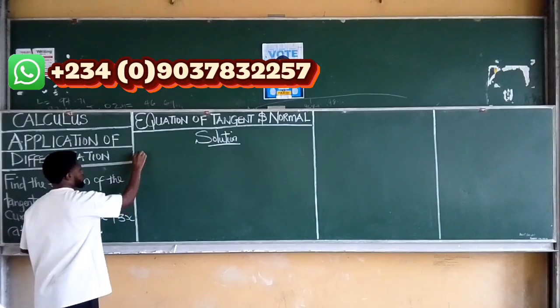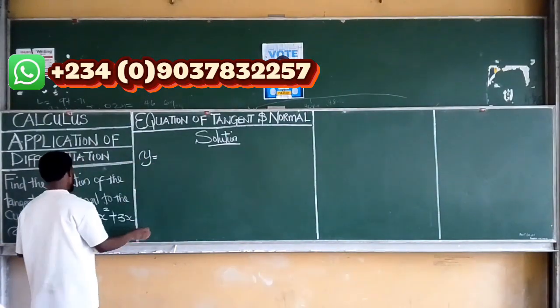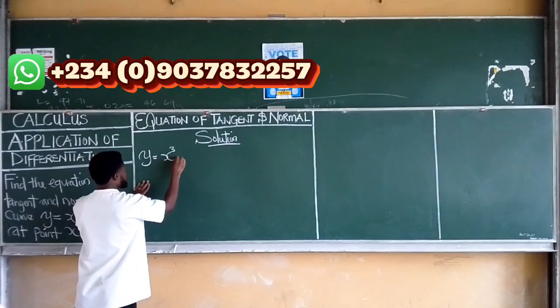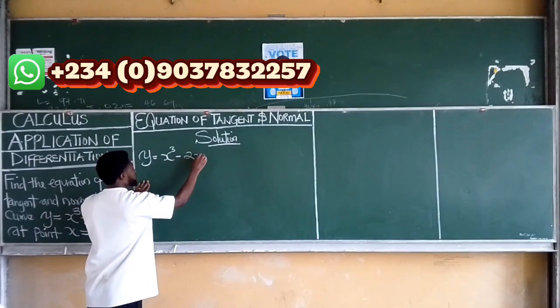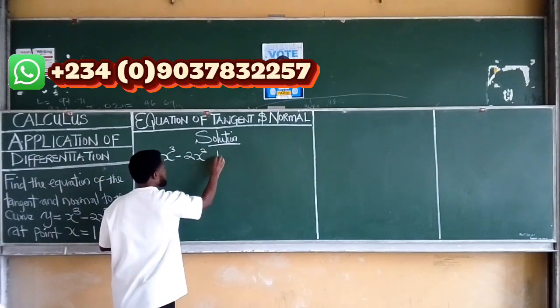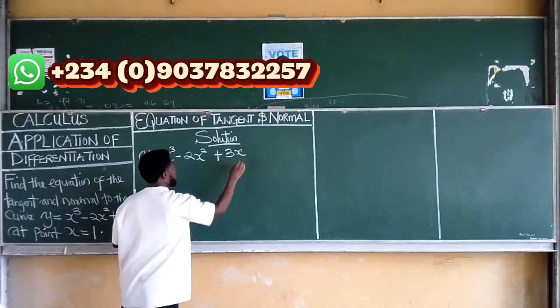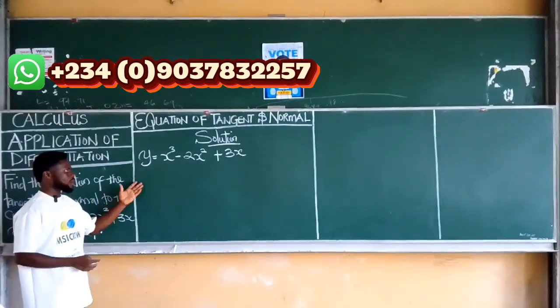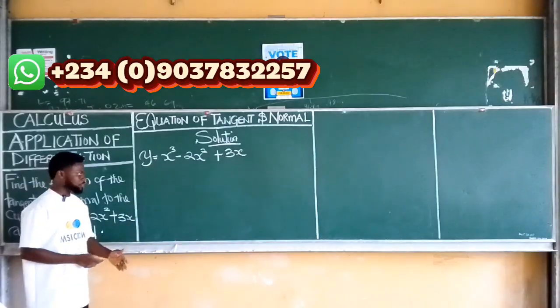The function is y is equal to x raised to the power of 3 minus 2x raised to the power of 2 plus 3x. The first step is to differentiate.